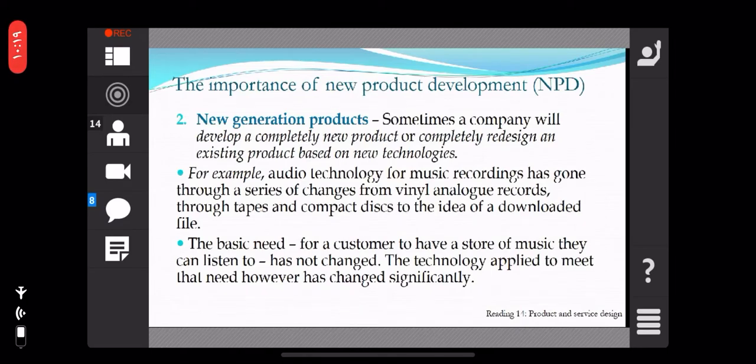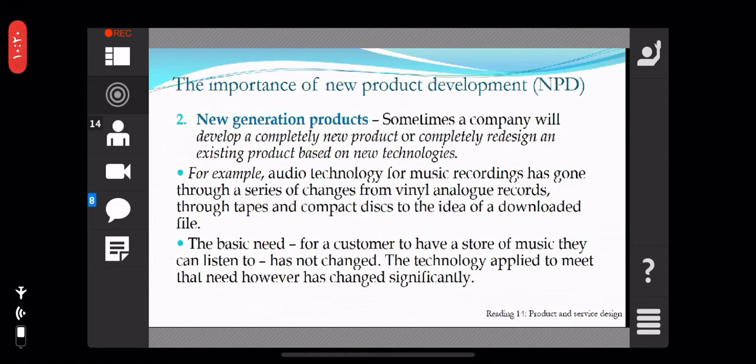After cassettes, the innovation went to compact discs, CDs. Now things have changed: no cassettes, no compact discs. The need is still the same. For example, I want a video file or an audio file. This is my requirement; it could be anything, video or audio.